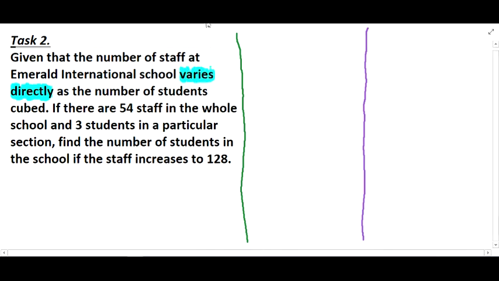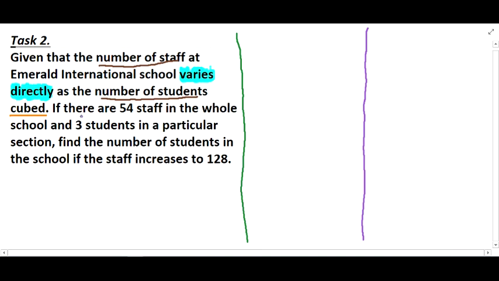So it's direct variation at this point. Okay, now as the number of students, so the quantities we have here are the number of staff and the number of students. But we have another word here, cubed. This word can be very tricky. Don't let it trick you. This word cubed. So that's another word we have to take into consideration.